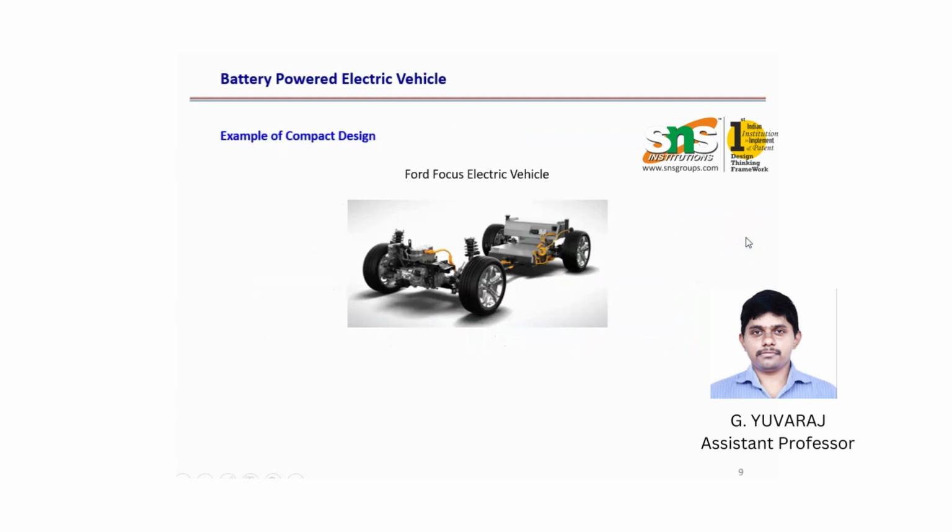Here is a good example of a battery powered electric vehicle schematic diagram. First we see the engine, and here we see the battery storage and the battery energy converter. This is the basic infrastructure of the battery powered electric vehicle.